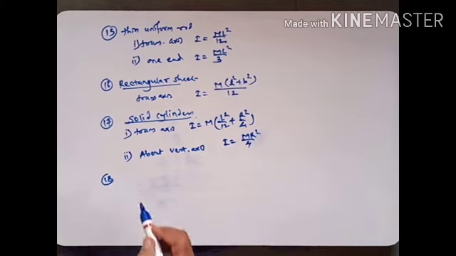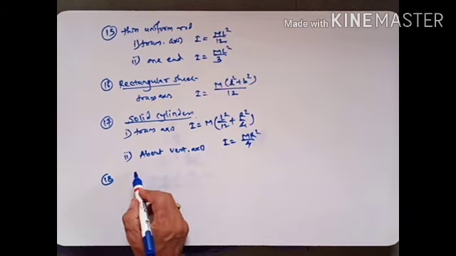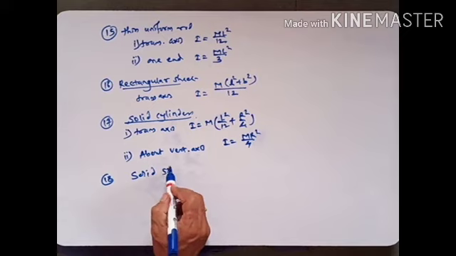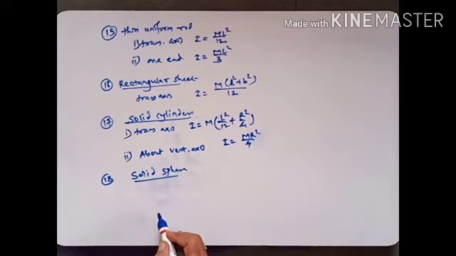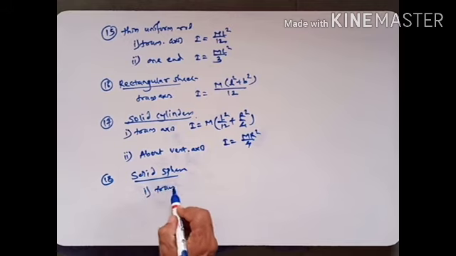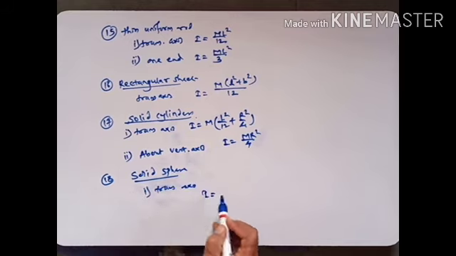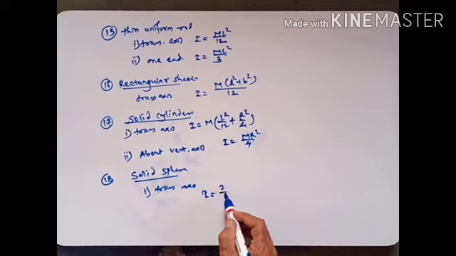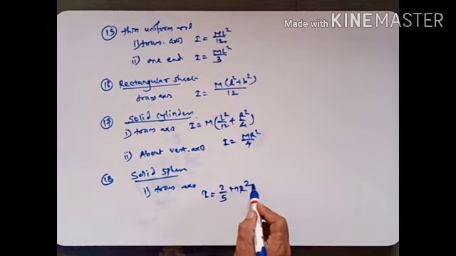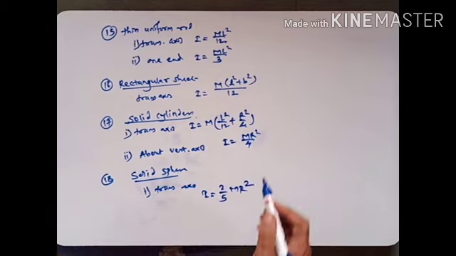And here consider solid sphere. Any diameter we consider here, means we consider transverse axis. I is equal to 2 by 5 mr square.